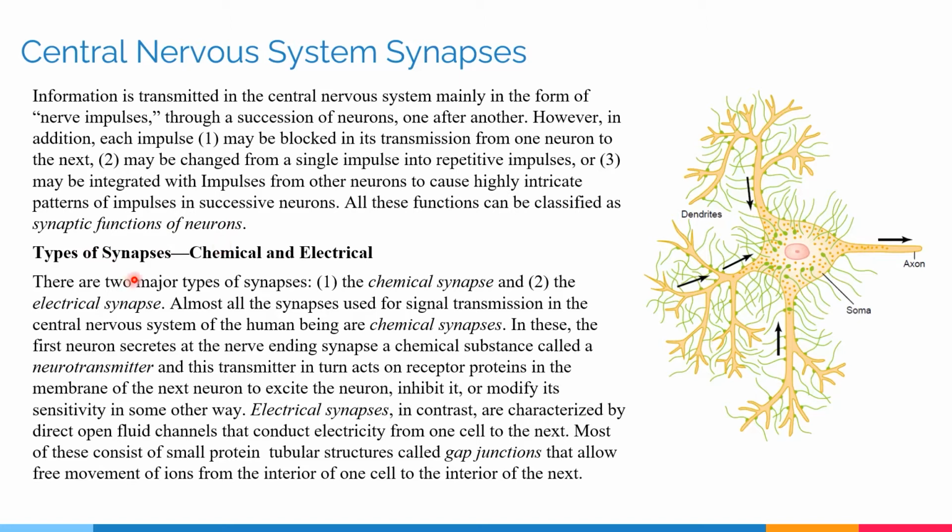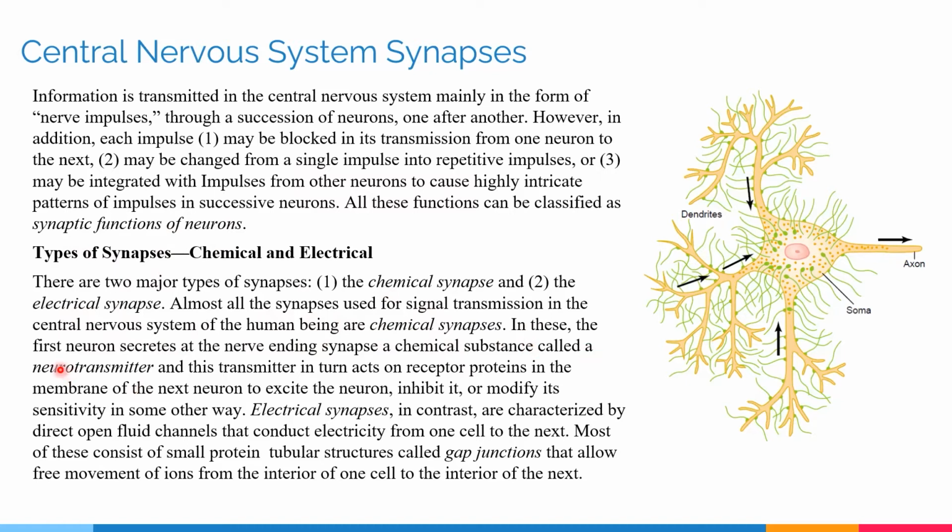Now we'll look into the types of synapses that we have been talking about for the last few minutes. The types of synapses are divided into two major halves. The first is the chemical synapse and the second is the electrical synapse. Almost all synapses used for signal transmission in the central nervous system of the human being are chemical synapses.